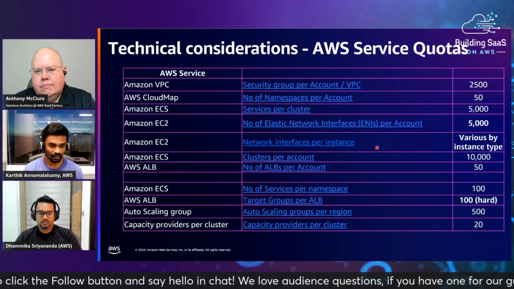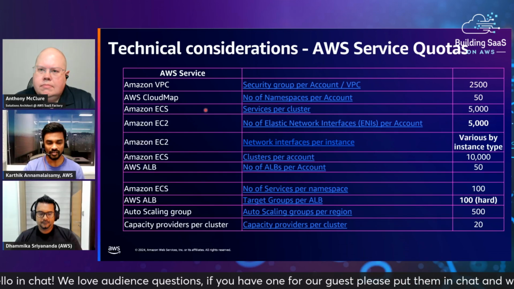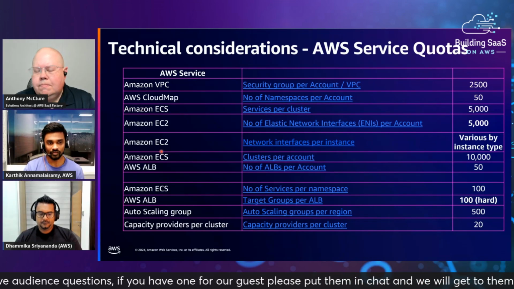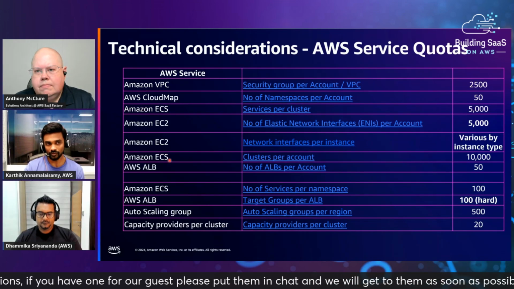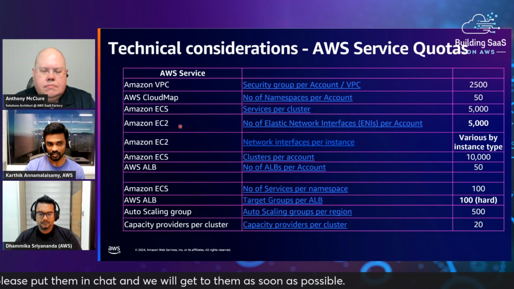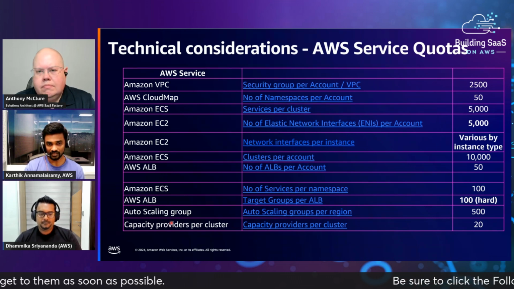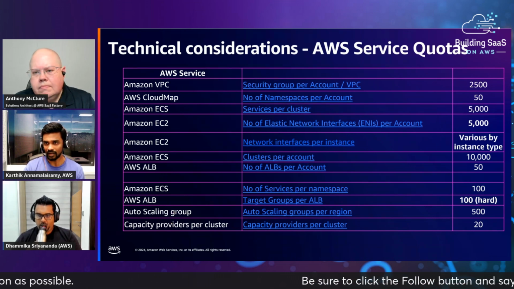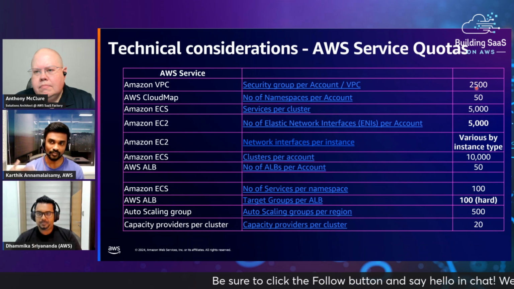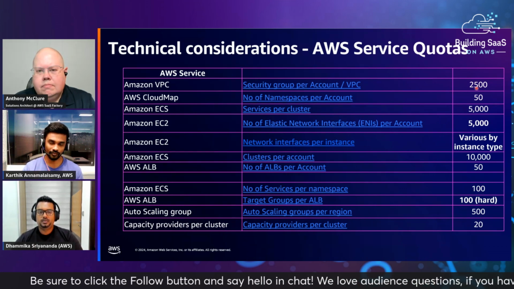For example, I've just listed here a table which contains a list of commonly used AWS services along with a typical ECS-based deployment, for example, Amazon VPC, the EC2 underlying cluster, application load balancer, capacity providers, etc. On the right side, I've given the list of the limits. In these limits, some are hard and some are soft.